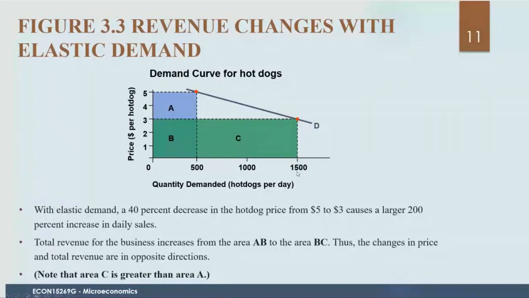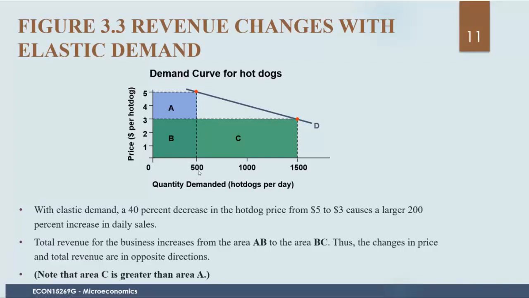What we're going to do is think about the total revenue and how that's changed. When we had the price at $5, we were able to sell 500. So what is the revenue?